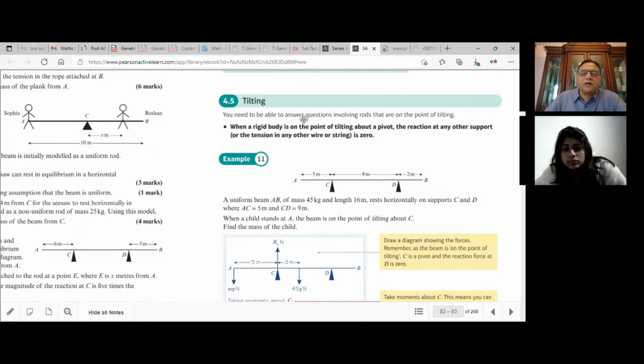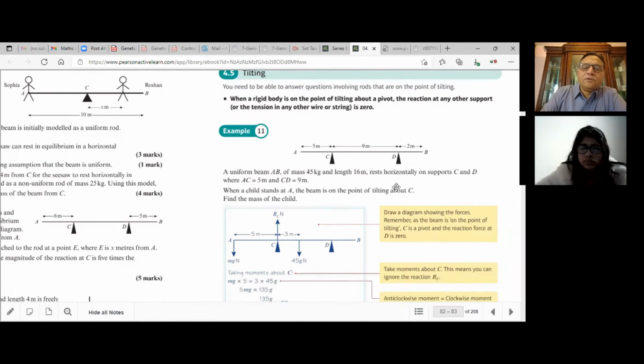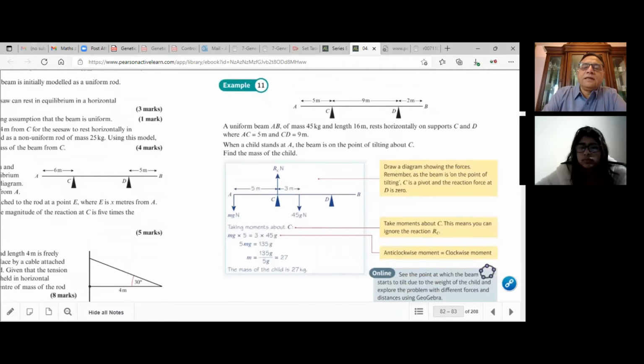So the question here is, a uniform beam AB of mass 45 kg and length 16 meters rests horizontally on the supports C and D, where AC is 5 and CD is 9. When a child stands at A, the beam is on the point of tilting about C. Find the mass of the child. So we have a child standing at A, right?